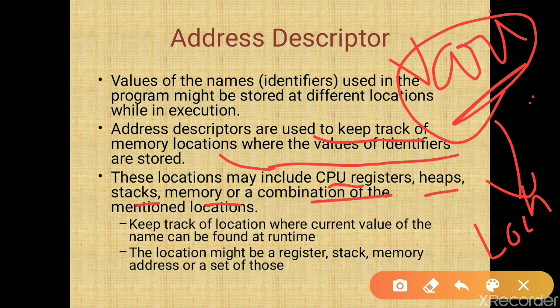All this information is given by the address descriptor. So, the address descriptor will keep track of memory locations where values of identifiers are stored. They specify the variable is stored in which location; it gives the variable information.